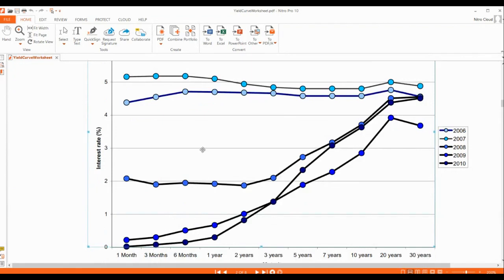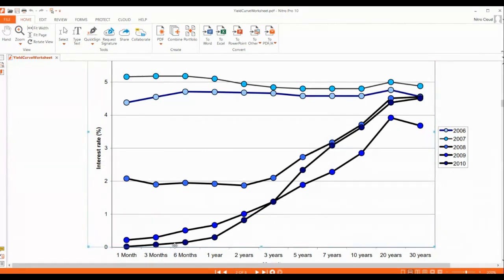Here's another thing. If you knew the average short-term interest rate, then you could also make an additional statement. What if I told you that the average short-term interest rate is 3%? What that tells you, which could be useful, is that these curves down here, especially 2009, 2010, are unusually steep, right?